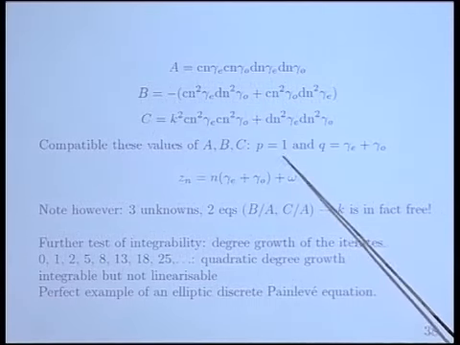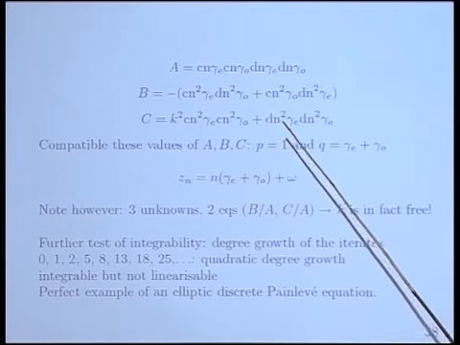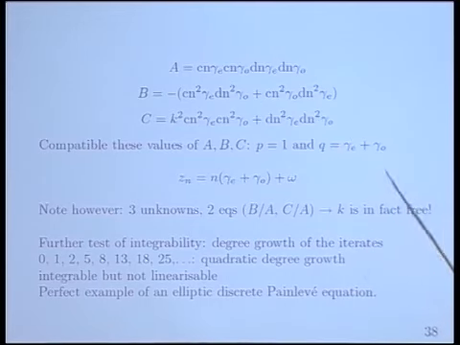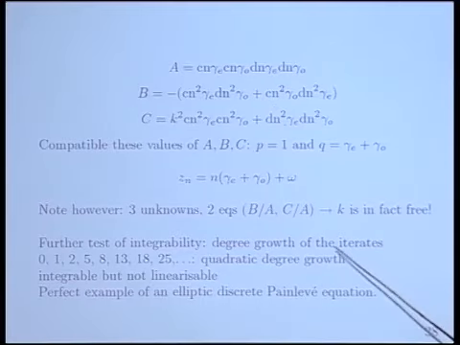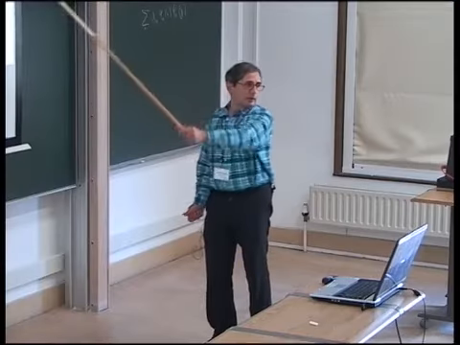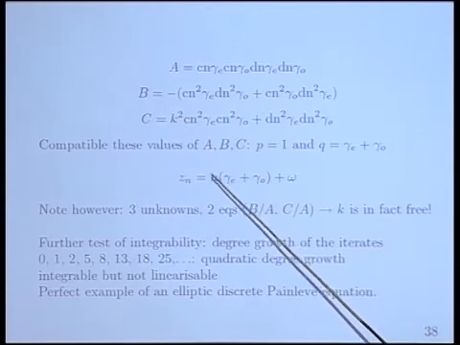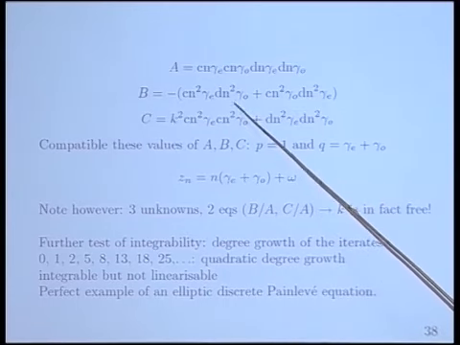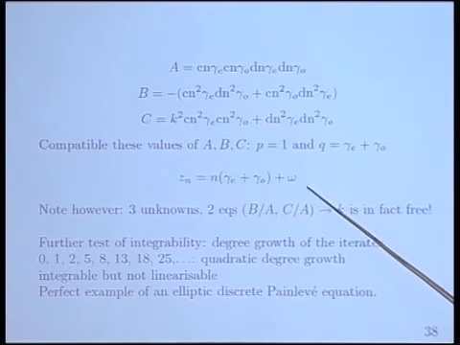Now, the point is, this looks pretty well defined, but if you count the number of unknowns, you realize that in fact k is free. Since the entire equation can be multiplied by a global factor, a, b and c are not really known. Only the ratios b over a and c over a are known. And if I multiply them by any number, I can always solve this equation for any value of k.